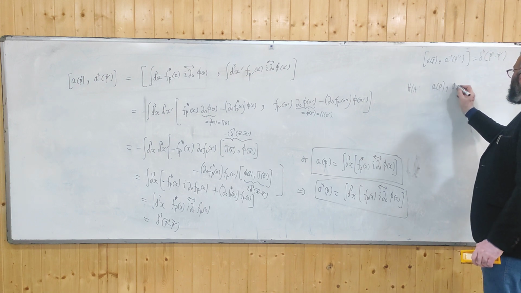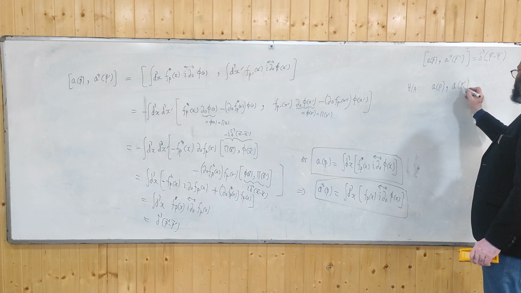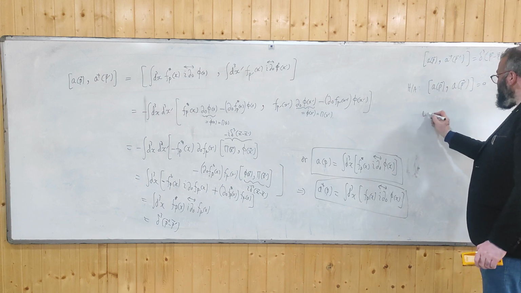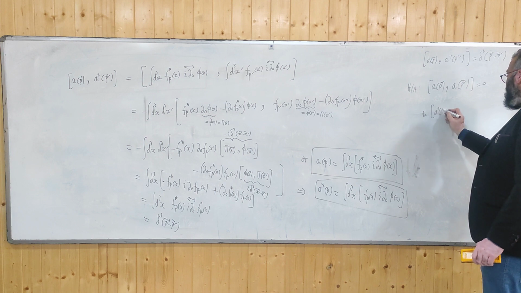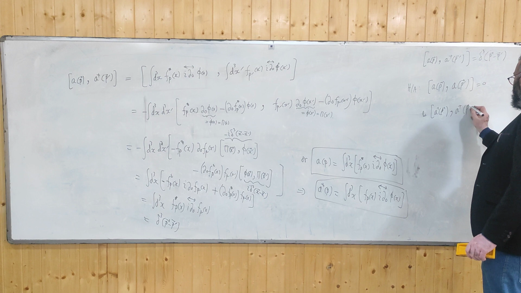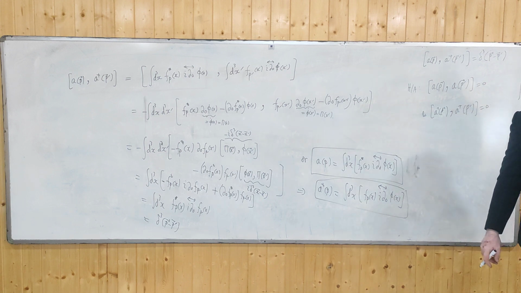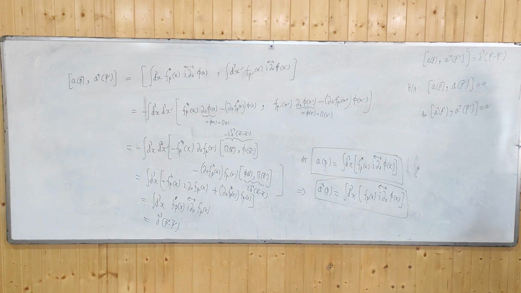Show that A of p and A of p prime is equal to 0, and A dagger of p and A dagger of p prime is also equal to 0. Clear? So the quantization condition in terms of fields phi and pi is converted into a condition for the A's.